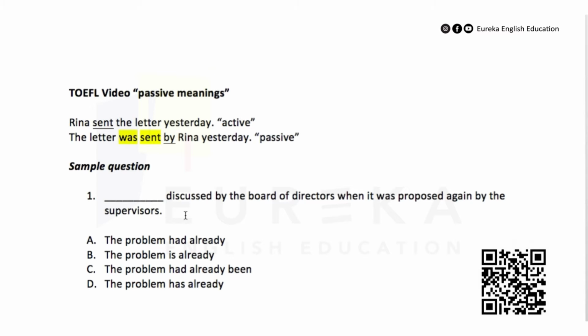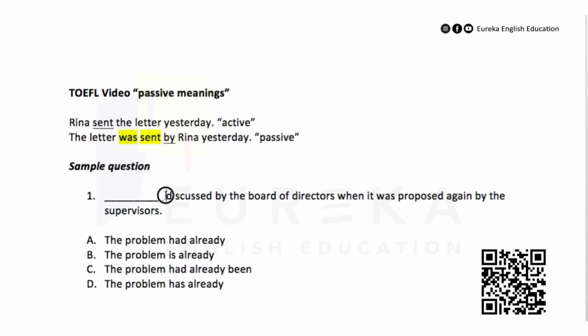So let's look at the sample question. Blank discussed by the board of directors when it was proposed again by the supervisors. If we pay attention to this sentence, we can see that there is no subject in the sentence. That's why we need to find an option which has a subject.